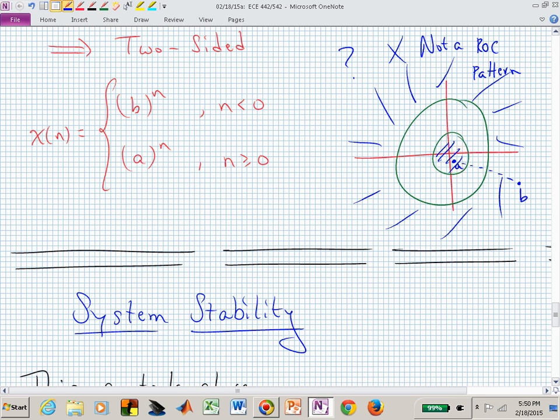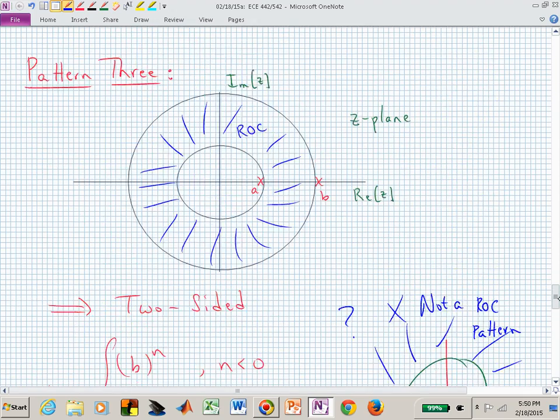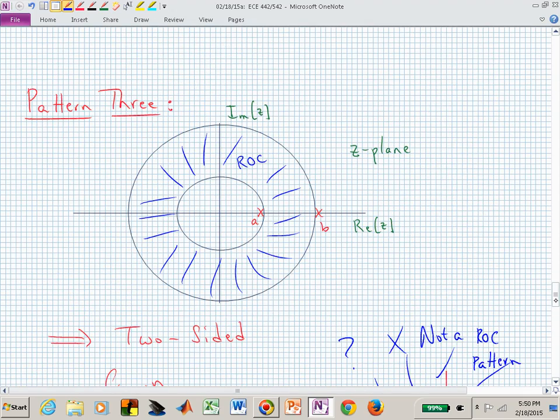And with this last pattern, with the annular shape, no matter what A and B are, you can still have an annular pattern. And you could have many, many different poles, meaning you could have more poles here, or you could have poles here, and that pattern is still okay. Is that clear?